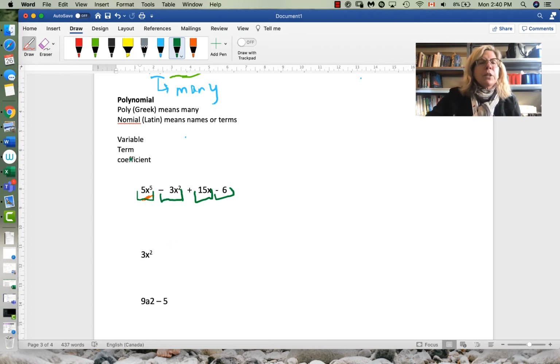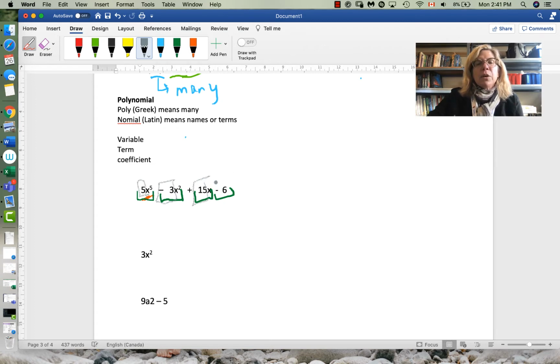The last thing I want to talk about with this was the coefficient. The coefficient is the number that is right in front of the variable. So that would be the 5. In this case, the coefficient is negative 3. In this case, the coefficient is 15.